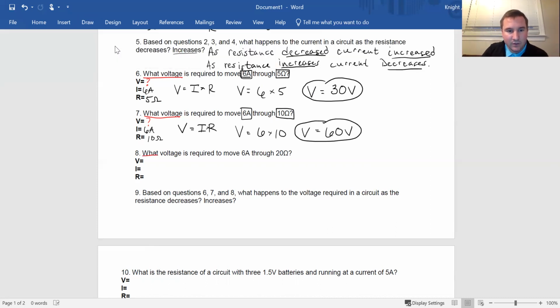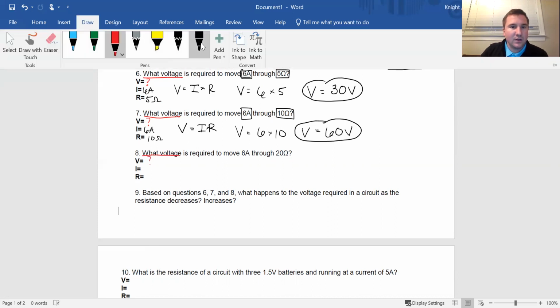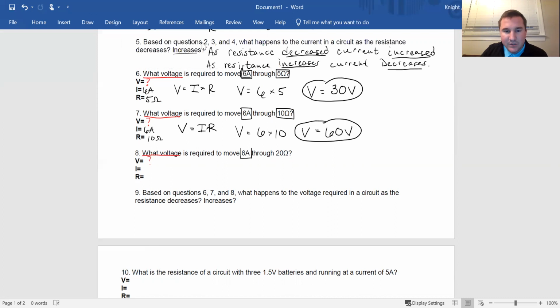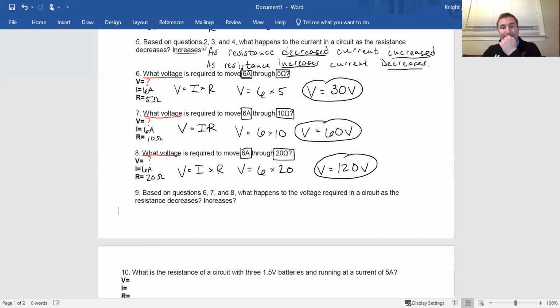Next one, voltage again. Same current, 6 amps. This time we've got a resistance of 20 ohms. So 6 amps, 20 ohms. And we're still looking for voltage, so same equation, V is equal to I times R. 6 times 20, and 6 times 20 is 120 volts. Is our voltage.